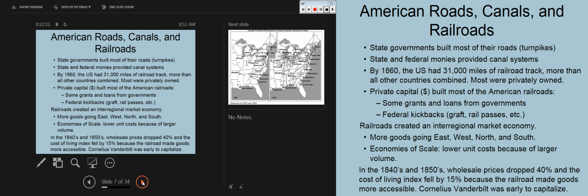So markets are going to connect east, west, north, south. I will leave you with this. The South is what we would consider stuck in a perpetual mercantile economy. What does that mean?